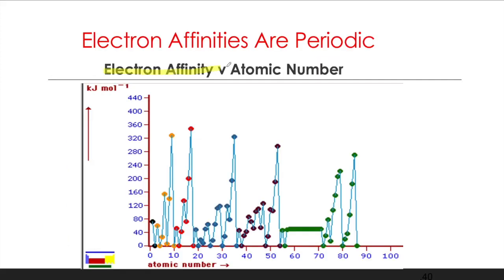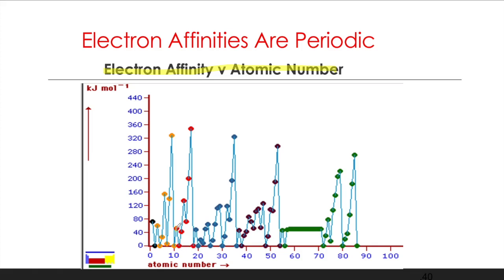In this diagram, what we see is the electron affinity and its trends across different atomic numbers. If you notice, from atomic number 10, which is neon, to atomic number 20, these are the elements which are present in the third period.